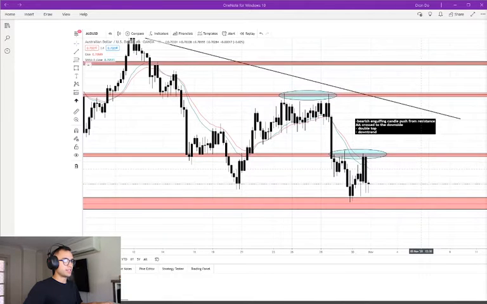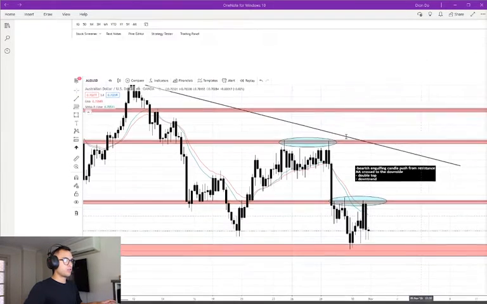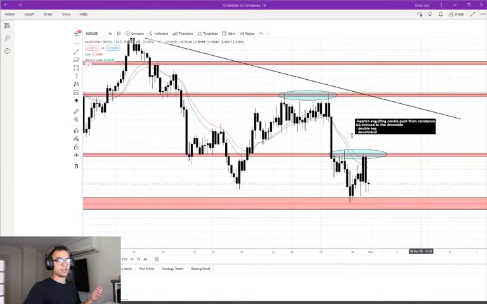So yeah, you can see here price is ranging in between this resistance and this support being the major level of 7,000. First of all, if you watched my previous video on the weekly review, you would have seen that price created a double top twice. It created a double top at this level, melted down, broke through that support, and now is treating that support as a resistance.